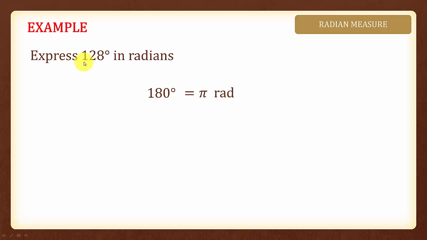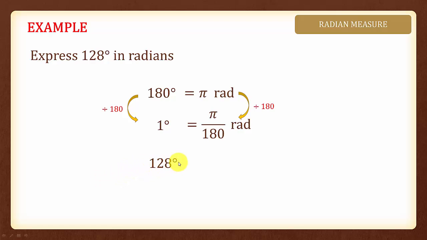Next, let us express 128 degrees in radian. To find 128 degrees in radian, we will first need to find 1 degree, and we will divide 180 on both sides. And we will have pi over 180 radian for 1 degree. To find 128 degrees, we will multiply 128 on both sides.